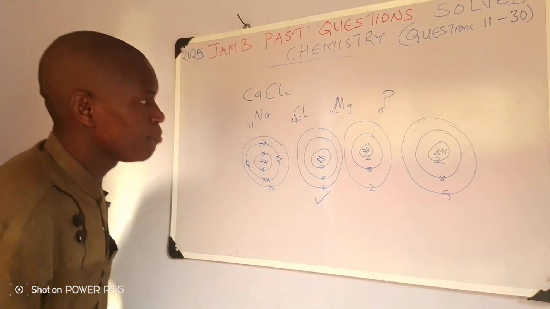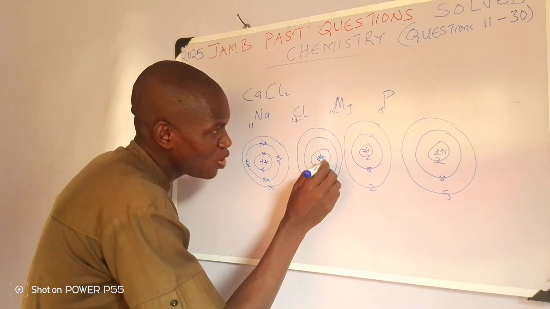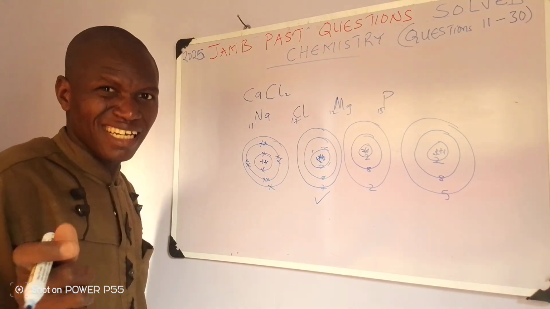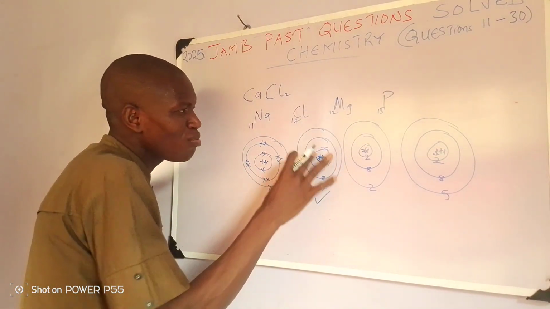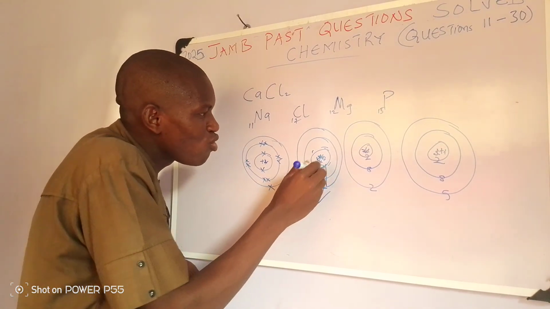You know why? Because if here is positive, remember all the electrons are negative, and unlike charges attract. So the more the number of electrons, the more the attraction, the more these ones move towards the center.